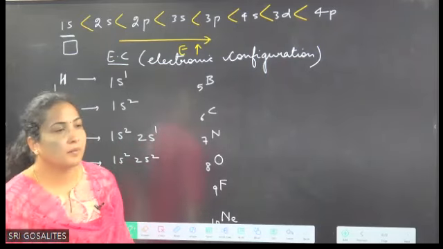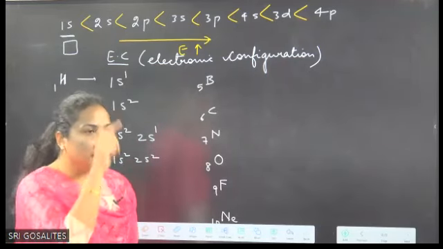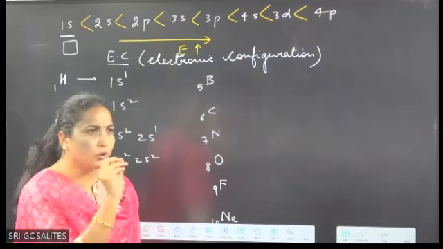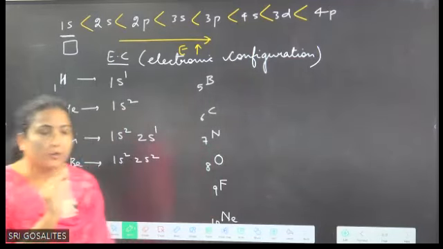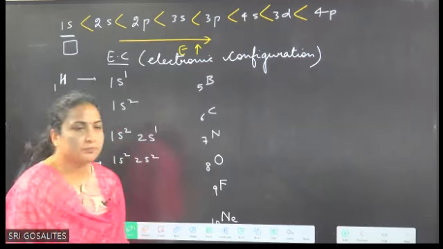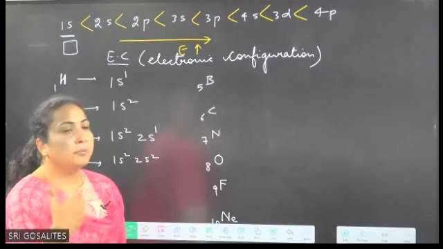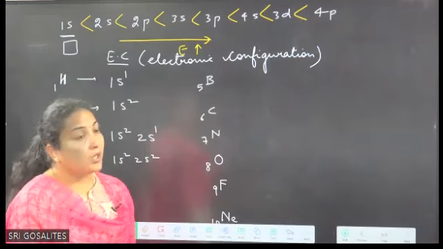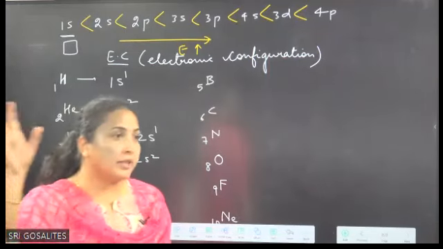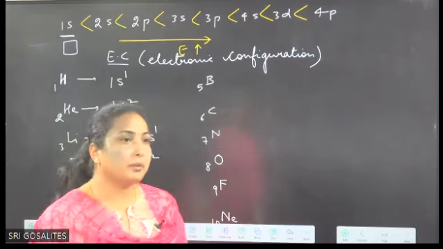You write it, all of you. I am giving you these few so that you understand how to write down the electronic configuration, which is required for understanding the filling of the electronic configuration as far as the periodic table is concerned.